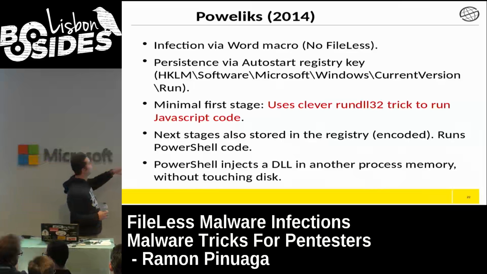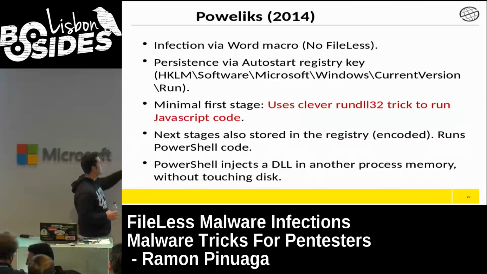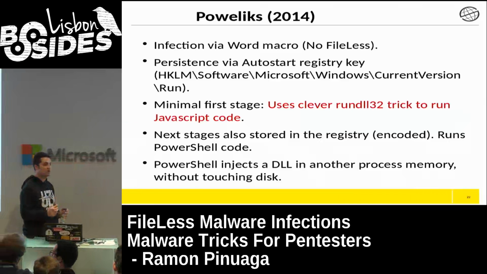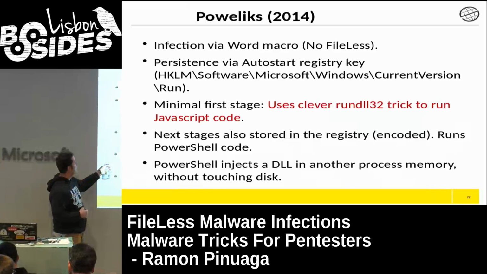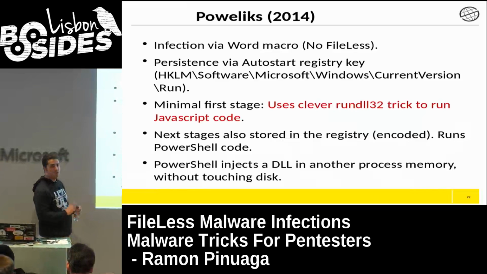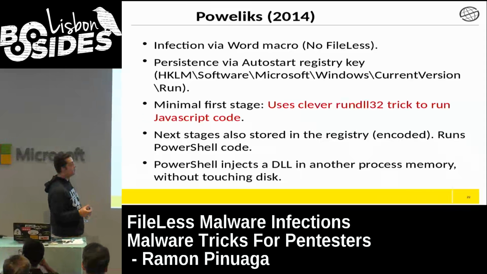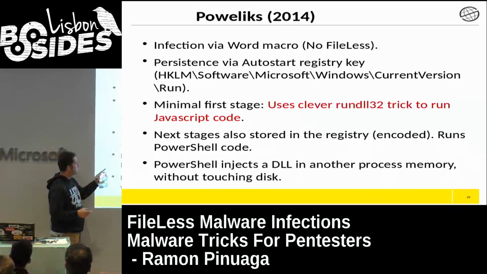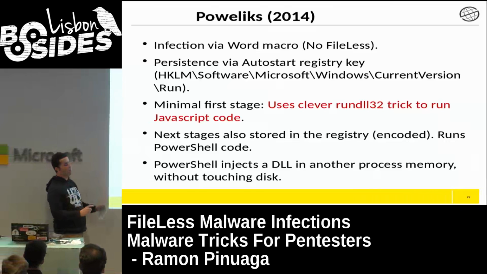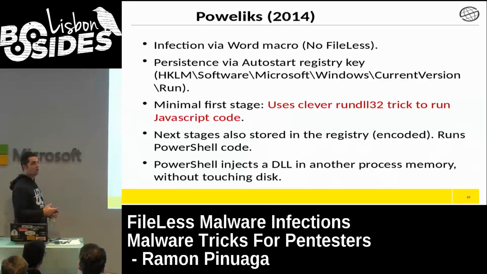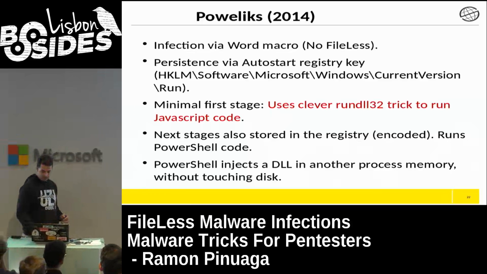After that, the malware first loaded a small chunk of JavaScript code that loaded a PowerShell code that was encrypted and obfuscated in another registry entry, and this PowerShell injected a DLL, a traditional binary malware, in the memory of a legit process.